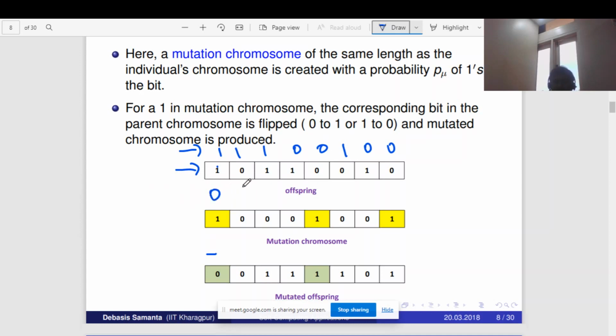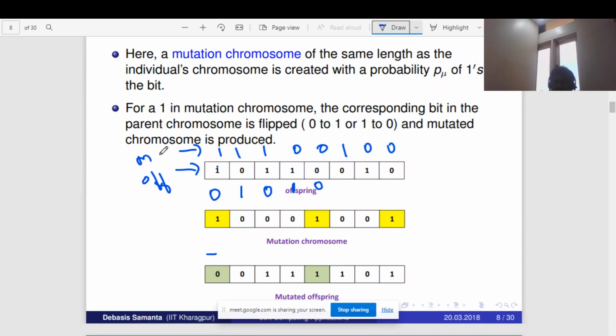No, this position is what? This is offspring.